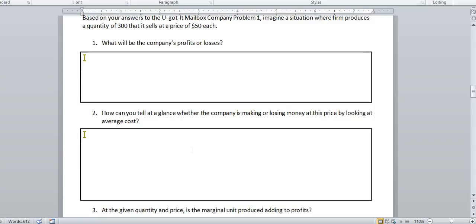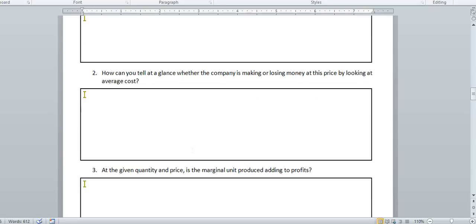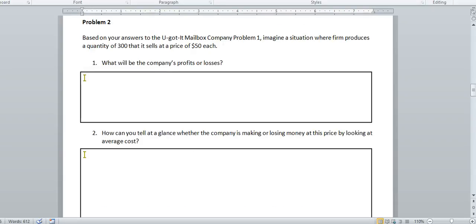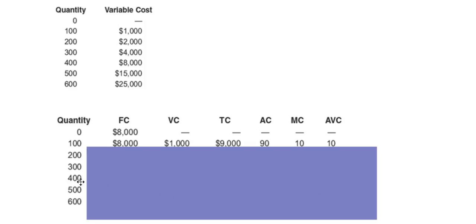Anyway, you're not going to need a lot of help here, I don't believe, if you just remember that in order for a firm to make a profit, the price has to be above the marginal cost, and they'll keep producing until the price equals marginal cost, and you know what the marginal cost is because you have figured it out here in your table, and that is marginal cost per unit.